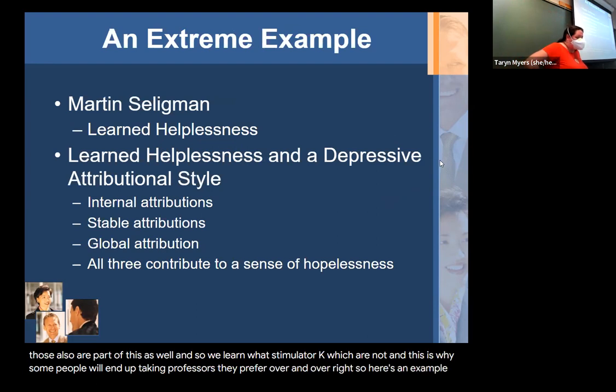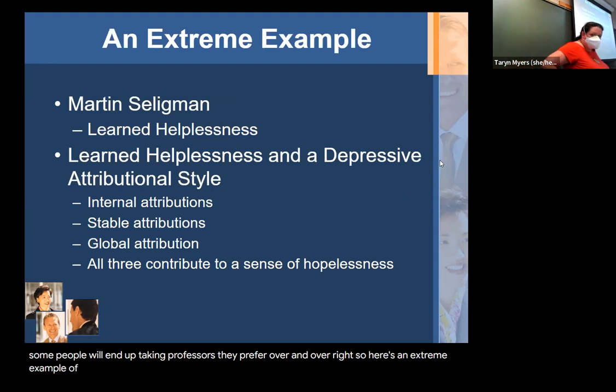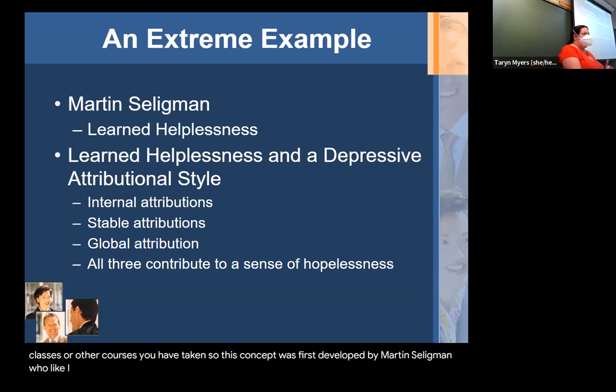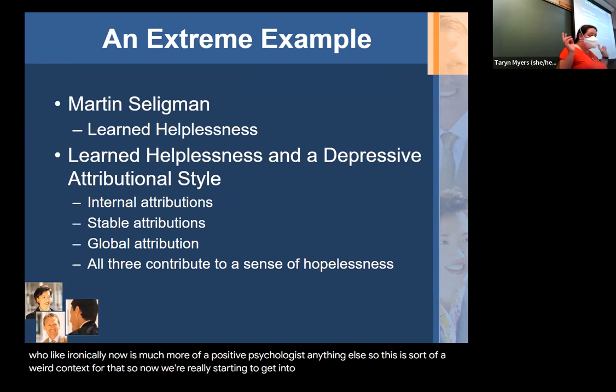So here's an extreme example of expectancies, learned helplessness, which you may have learned about in your intro classes or other courses you have taken. This concept was first developed by Martin Seligman, who ironically now is much more of a positive psychologist than anything else. So this is sort of a weird context for that. Now we're really starting to get into the cognitive part of the cognitive social learning theory.